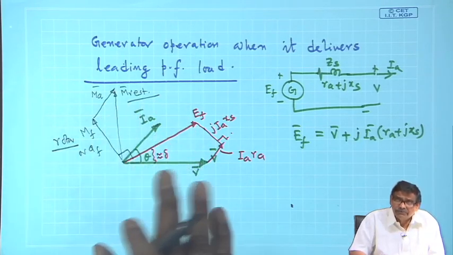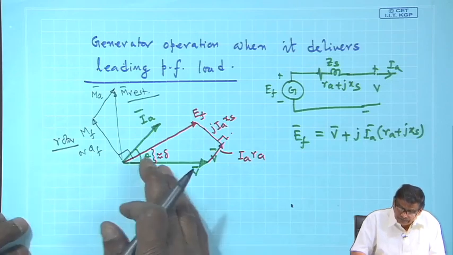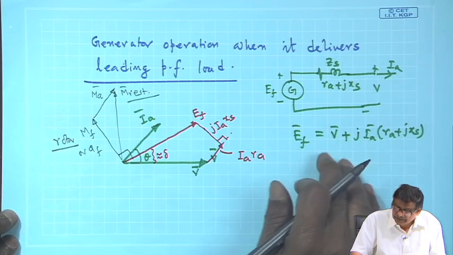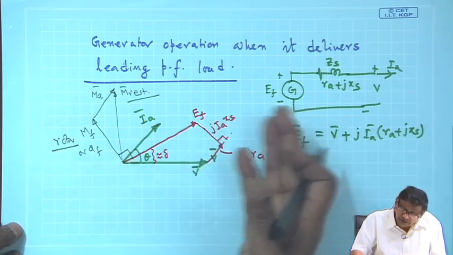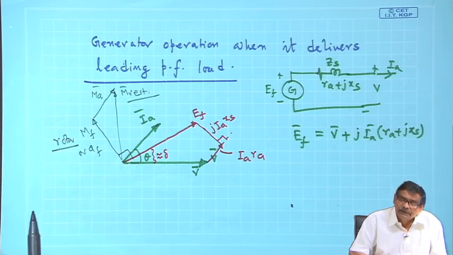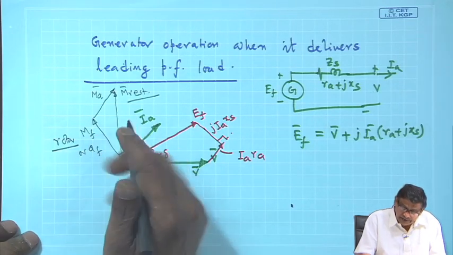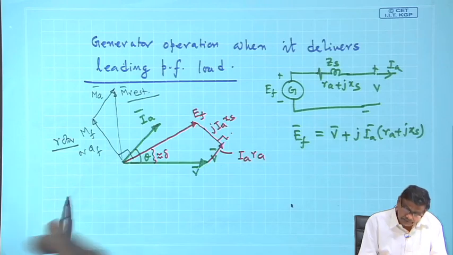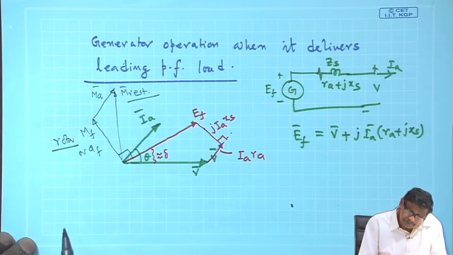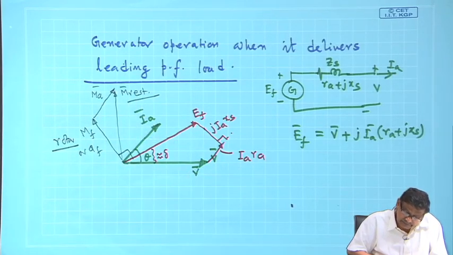The notations I have used in case of synchronous machine: rotor field is M f, net field is M r, sometimes I am writing, but it is resultant field M r, because M f plus M a is M resultant.